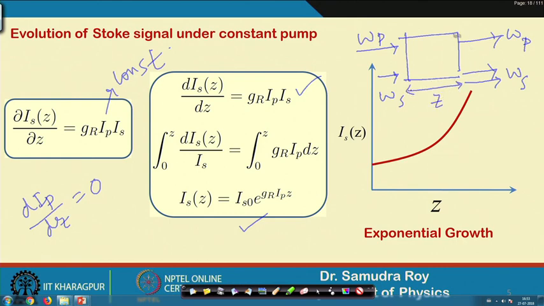If I increase the length of this material where the Raman process is happening, this material where chi r is present, chi r being the Raman susceptibility term which is inside this G r, mind it, then we will have an enormous amount of signal. But you can readily understand that this is a non-physical kind of solution, because the extra energy has to come from omega p.